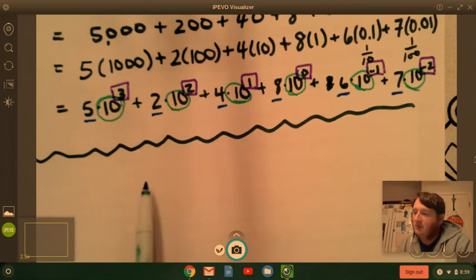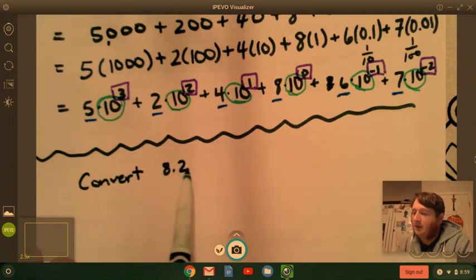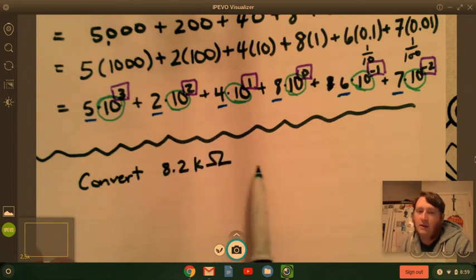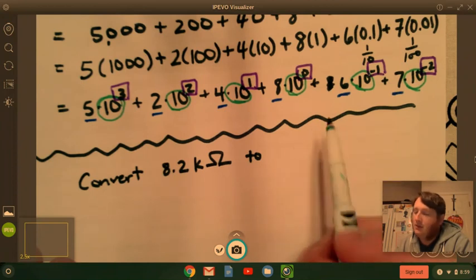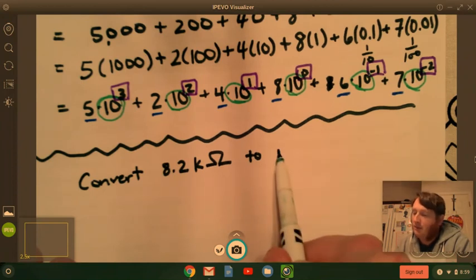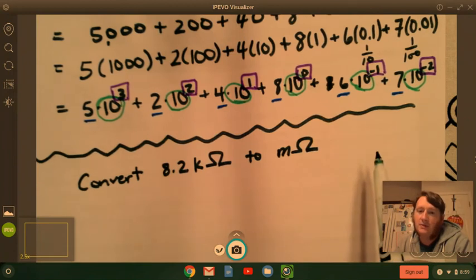When we're trying to do something like convert 8.2 kilo ohms to, let's go milli, to milliohms.